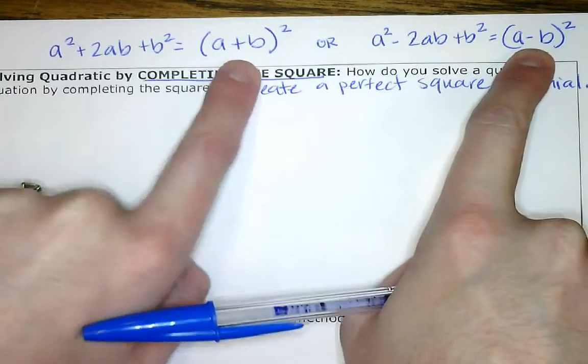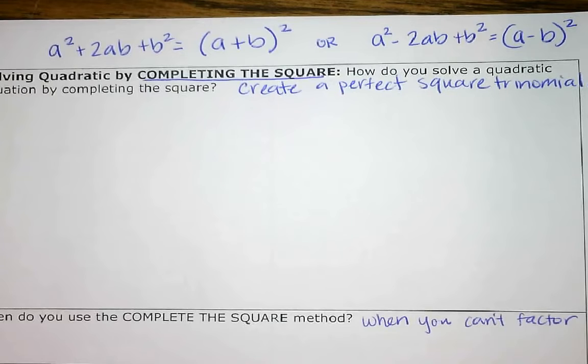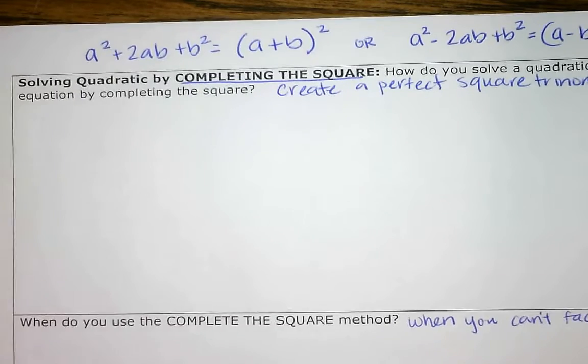You guys remember doing this? You guys tracking with me? Okay, so what we are going to do is take our problem and create a perfect square trinomial. And we are going to do this with a magic number. So I'm going to teach you guys how to do this.